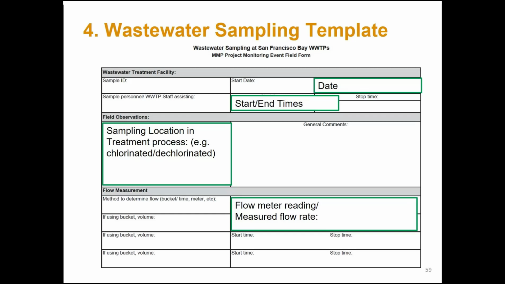I found it really important to record this when you were in the field, because then I was able to ask the plant personnel exactly where we were sampling from in the treatment process. For example, at one sampling port, there was one faucet that was sampling dechlorinated and another faucet that was sampling dechlorinated. And so it's helpful to be very clear as to what you're sampling when you're in the field.